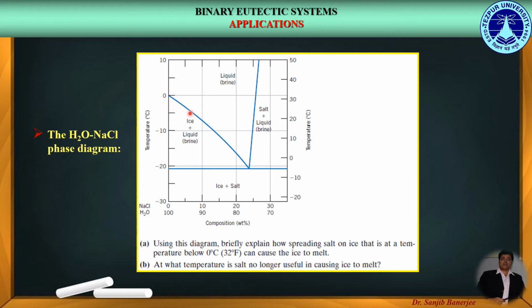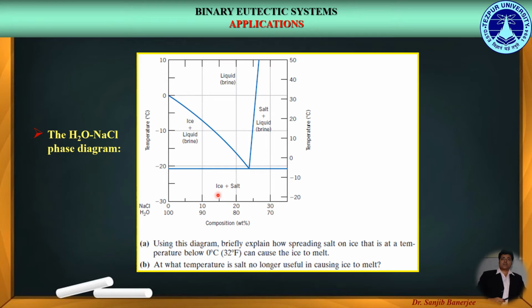Here we find a phase of liquid brine solution plus ice, whereas on the right-hand side we find the phase of liquid brine solution plus salt. In between we find the phase of only liquid brine solution, and at the bottom of the phase diagram we find the phase of ice plus salt.